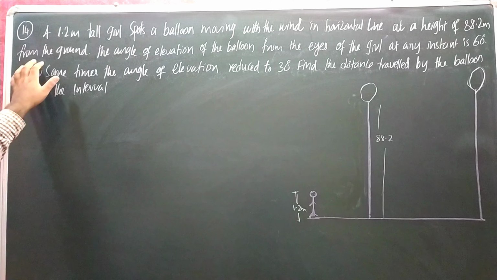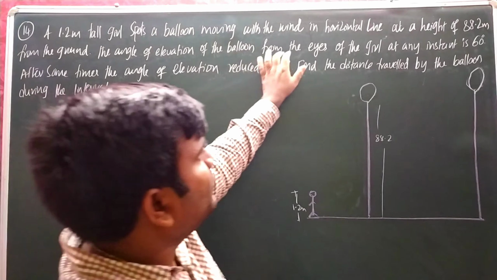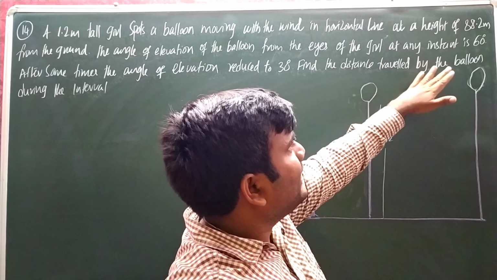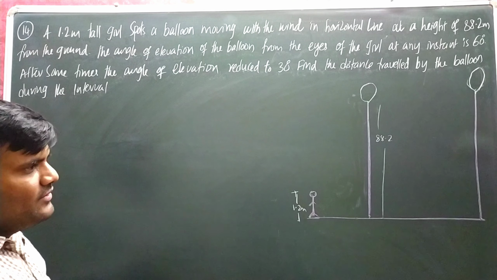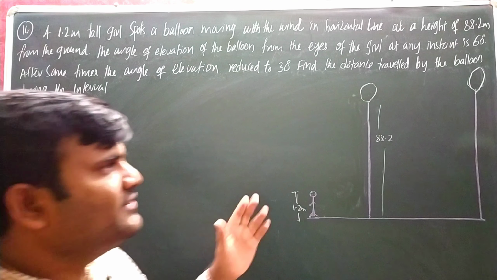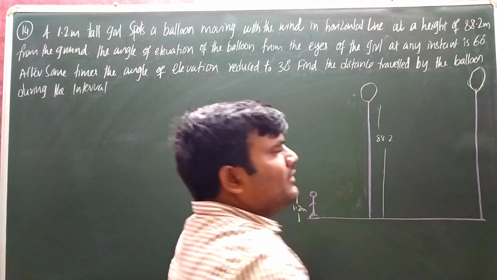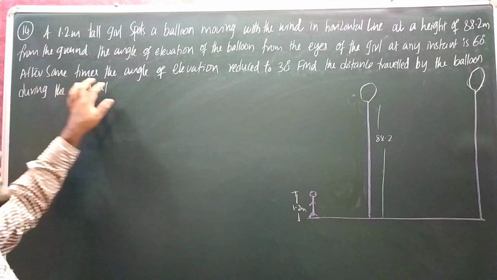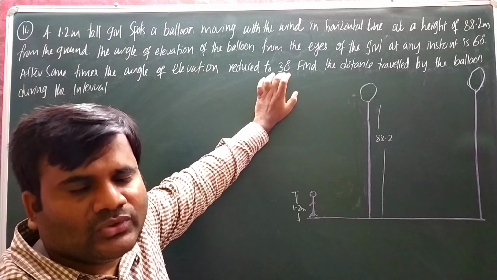From the girl, the angle of elevation of the balloon at any instant is 60 degrees. So starting, the angle of elevation is 60 degrees. After some time she observed the balloon again, and the angle of elevation reduced to 30 degrees.